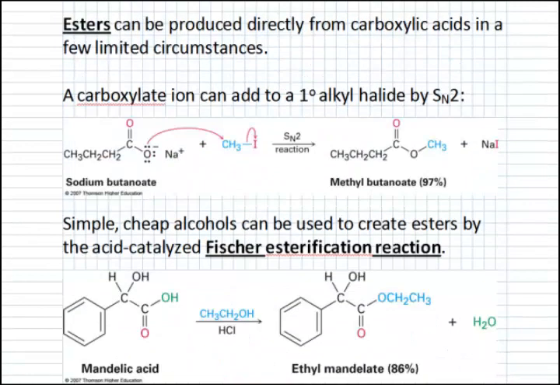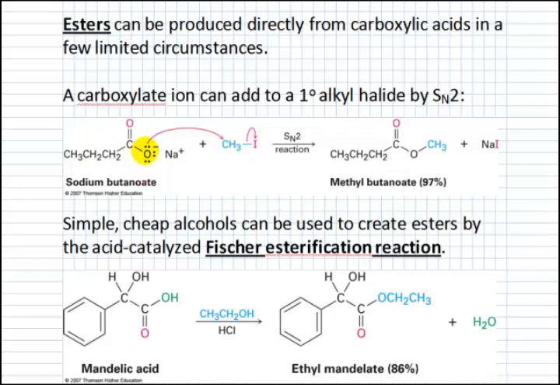There are some limited circumstances where we can make esters directly from carboxylic acids. In one case, we have a carboxylate ion, right? So C double bond O minus that can attack a primary alkyl halide by an SN2 reaction. So the O minus just simply attacks the carbon, displaces the I as a leaving group, okay, just from a simple SN2 reaction.